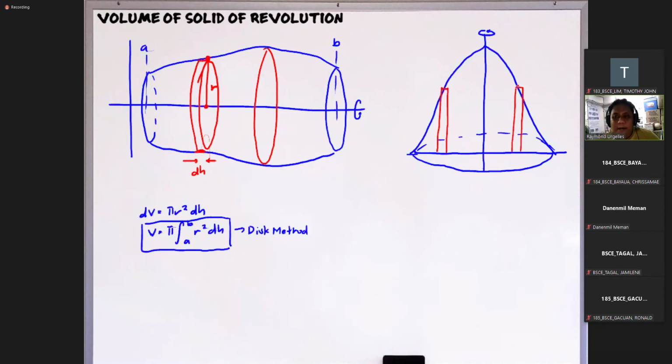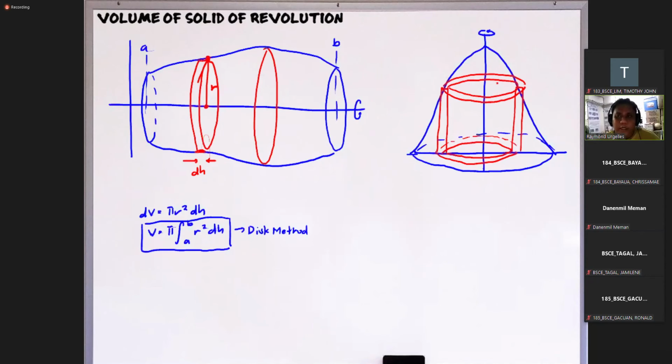Kumbaga, imagine nyo lang na parang yung mga vertical strips natin sa area, ni-revolve din natin about the axis of revolution. Kaya yung mangyayari dyan is yung volume natin will just be the sum of these cylindrical shells. So again, that's the idea for the cylindrical shell method.